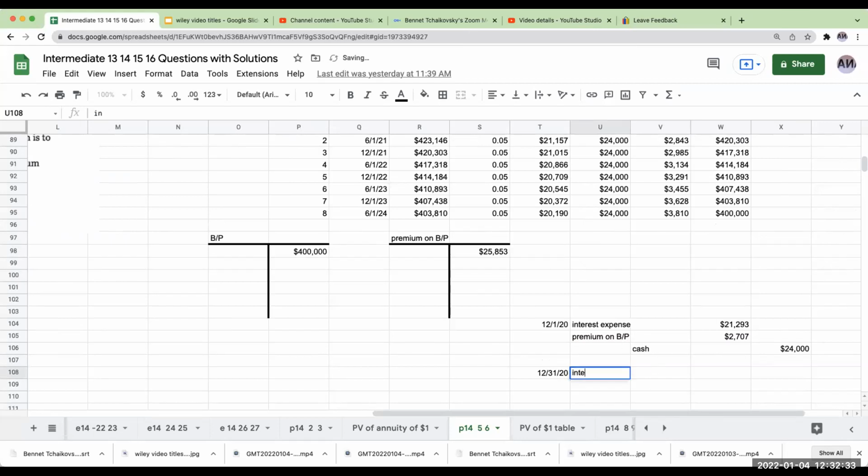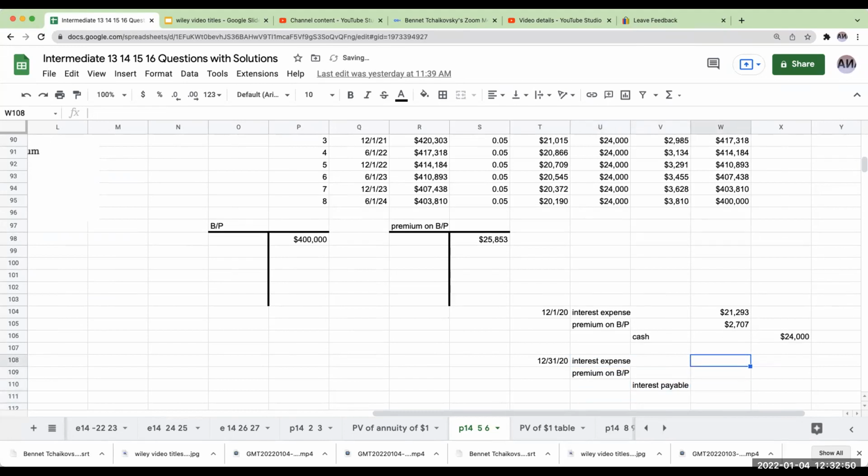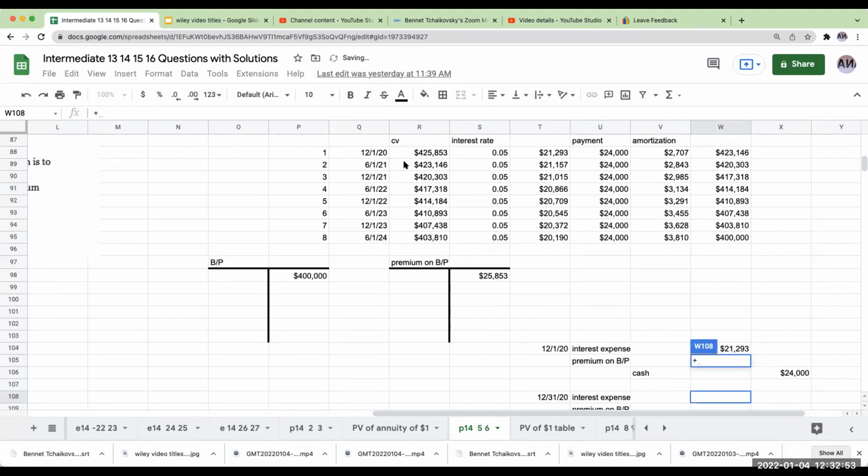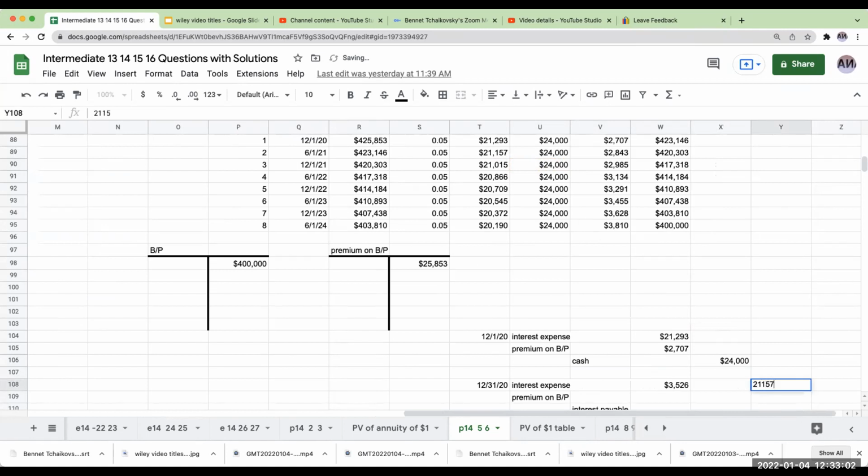So here I'm going to have interest expense, then I'm going to have premium on bond payable, and I'm going to credit interest payable. So my interest expense is going to be the 21,157 of the following year, and I'm going to multiply that by 1/6. Okay, my premium on bonds payable is going to be 2843 times 1/6.